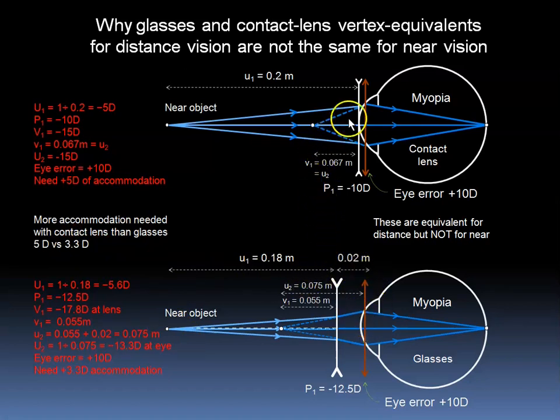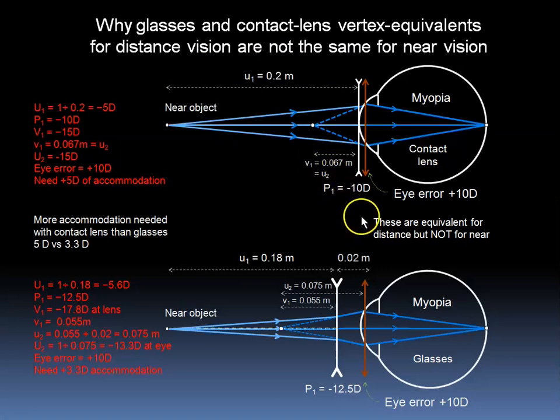In the case of the contact lens, one needs a 5 diopter correction in order to see an object that is 0.2 meter away. It is easier to understand the contact lens situation because the object has a -5 diopter divergence when reaching the eye because it is 0.2 meter away.